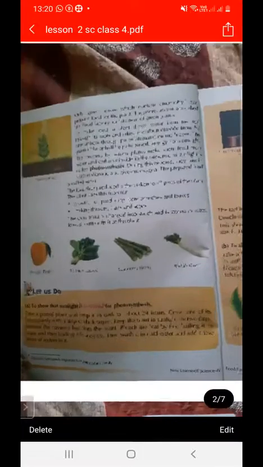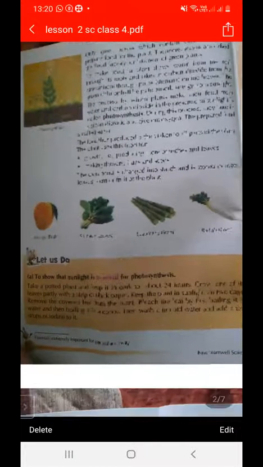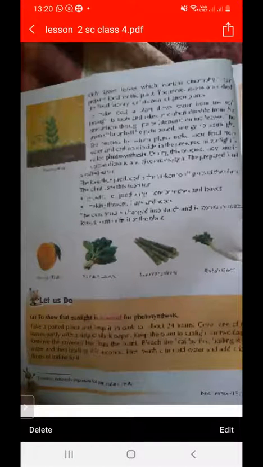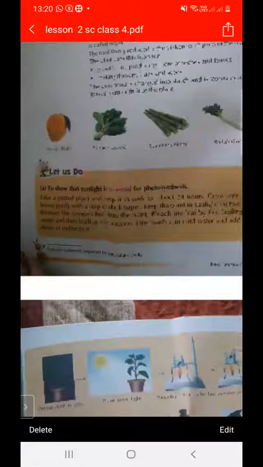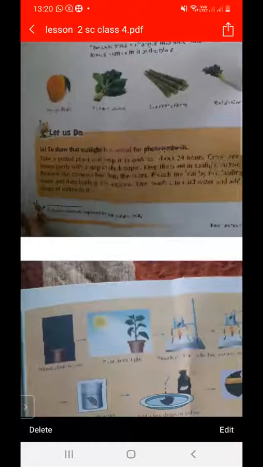Again, I am repeating this activity. What is the activity? For photosynthesis, sunlight is very essential. How do we prove it?